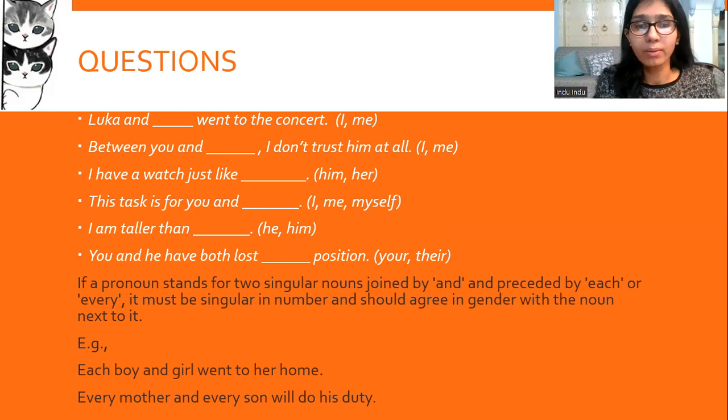Now when a pronoun stands for two singular nouns, boy and girl, joined by and and preceded by each or every, then the pronoun has to be singular in number and it should agree in gender with the noun next to it. So each boy and girl went to her home. So her agrees with the gender of the girl, right?